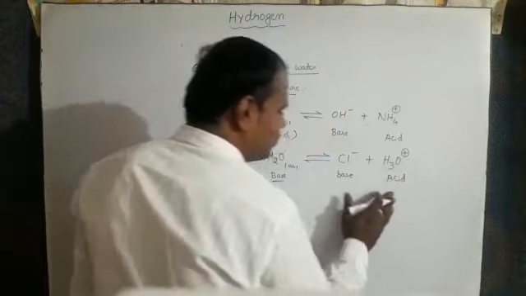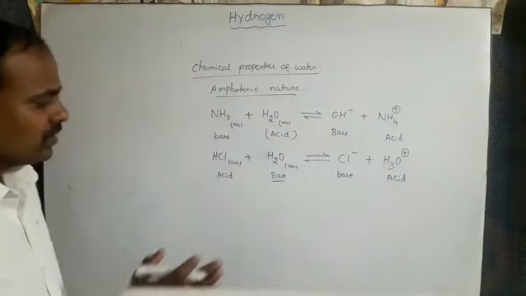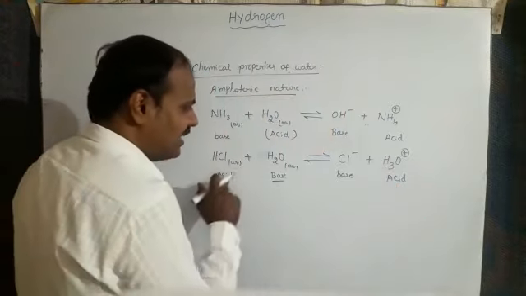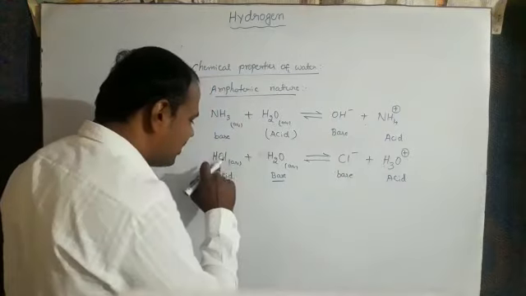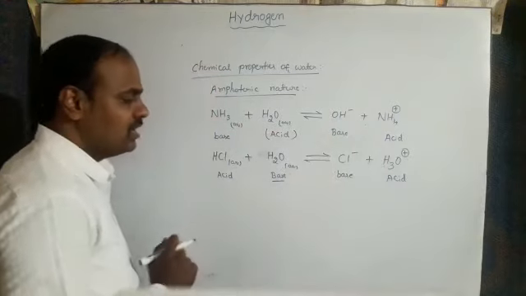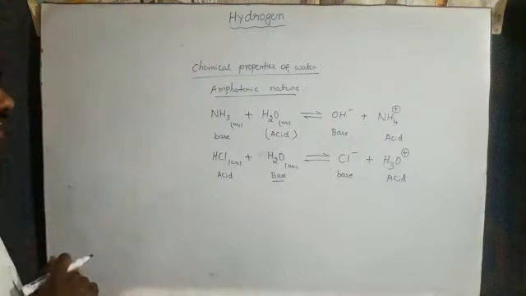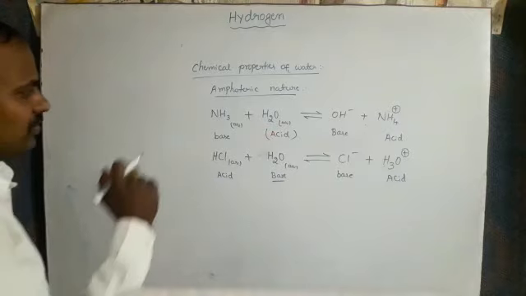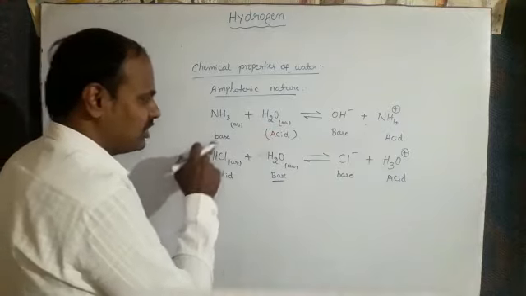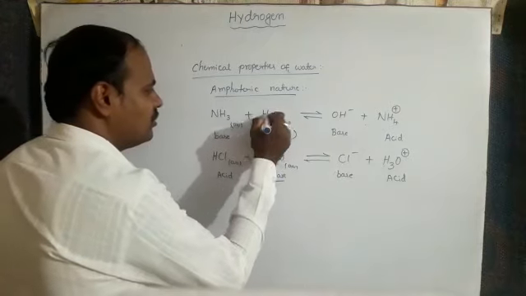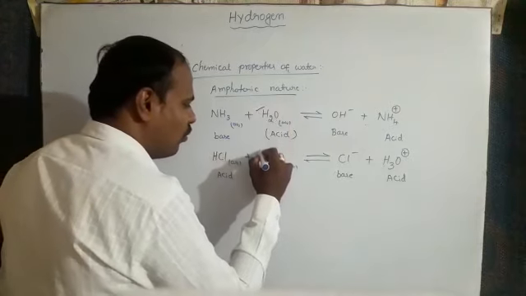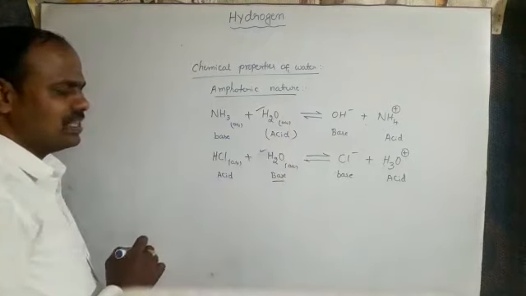What do you mean by conjugate acid base pair? A pair of an acid and base which differ by one proton is called a conjugate acid base pair. These two chemical reactions show the water molecule can behave as both acidic and basic.